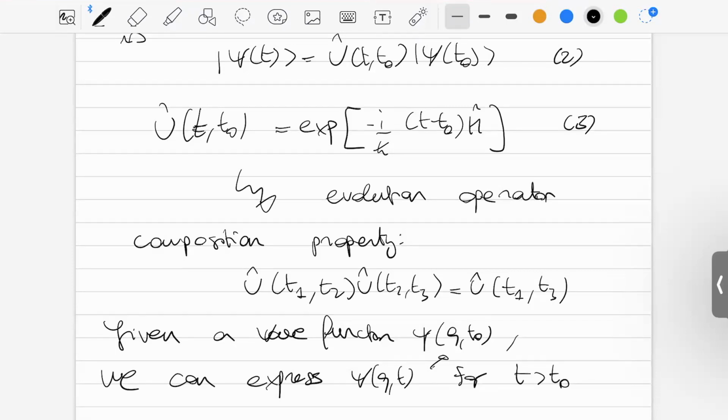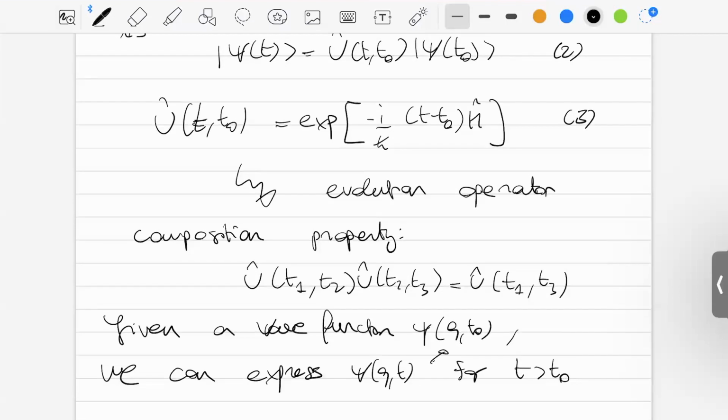A wave function is just the coefficient of the expansion of the state in terms of the eigenstates of the position operator, so it is the scalar product between bra q and ket psi. This can also be expressed as bra q, and then the unitary operator acting on psi, so this is U of t, t0 acting on psi of t0.